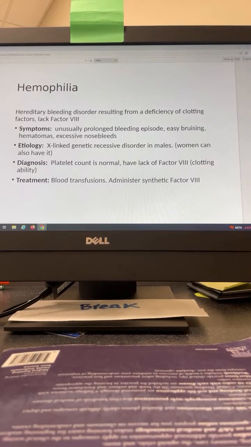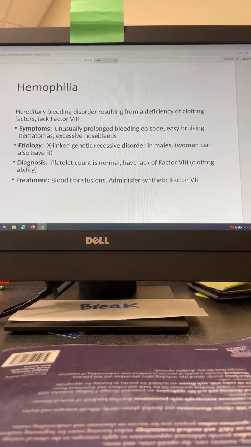So if something is X-linked, that means that the genetic disease is passed through the X chromosome. So if you're a man and you're XY, you only need one of those X's to have the disease, right? Whereas if you're a woman, you'll need both of those X's to have that trait for you to actually have the disease. So it's more common for a man to have it because you only need one X, whereas women need both X's to be genetically mutated. Does that make sense? So it is possible for women to have it, but it's much more common in men.